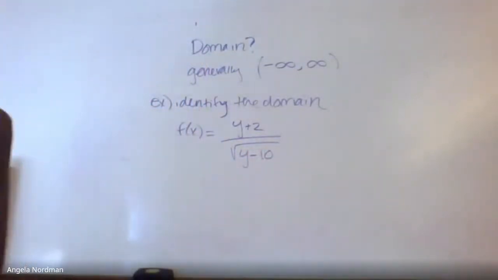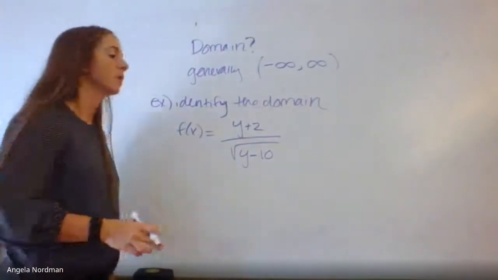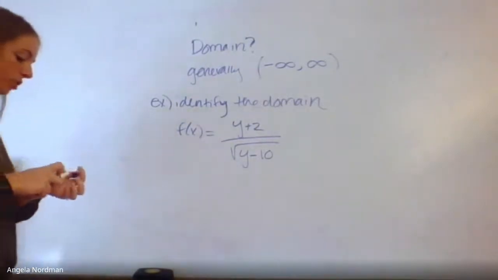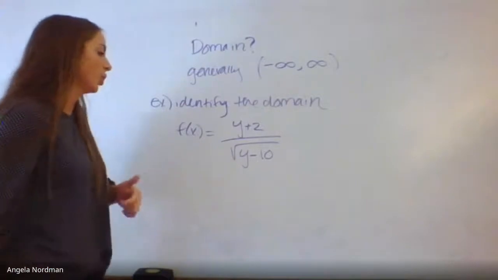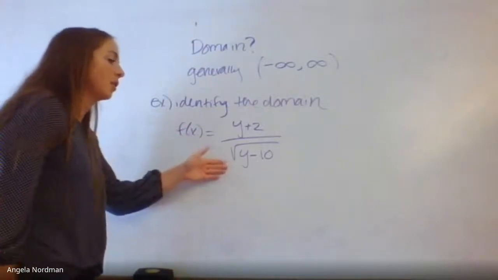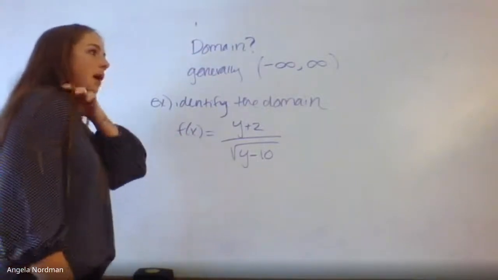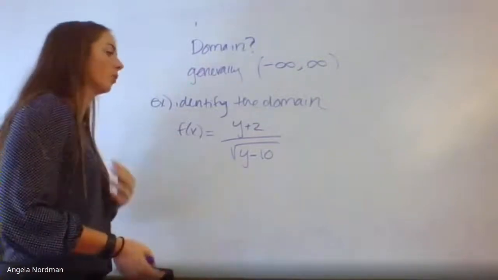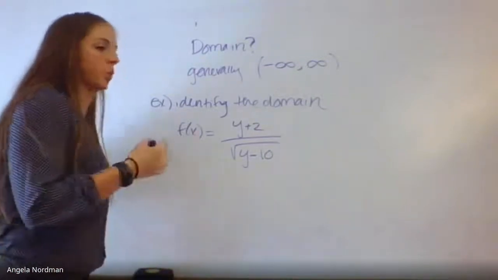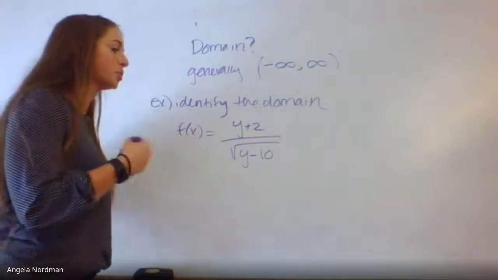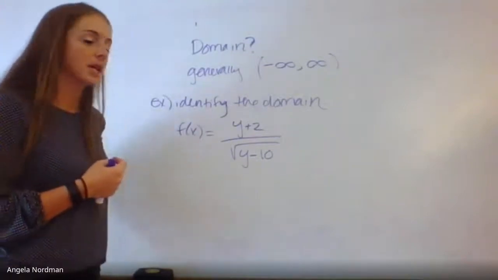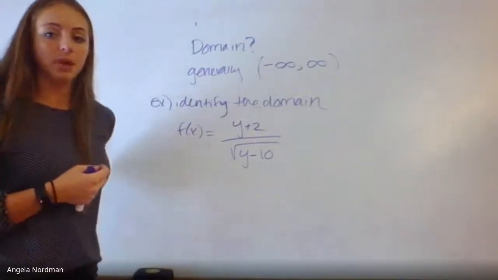So this was not going to be quite as obvious at first, okay? So you start thinking, well, it could be my denominator, maybe something's going to make my denominator equal 0. Okay, well, I'm also in a square root. So the root is what's bothering me the most. The root is what's telling me that something is going to go wrong.